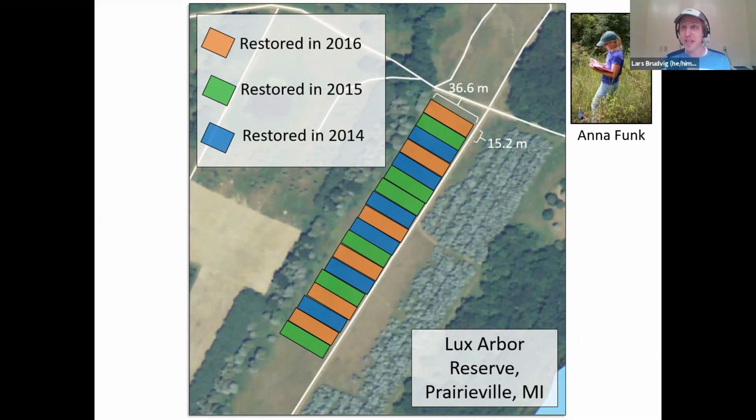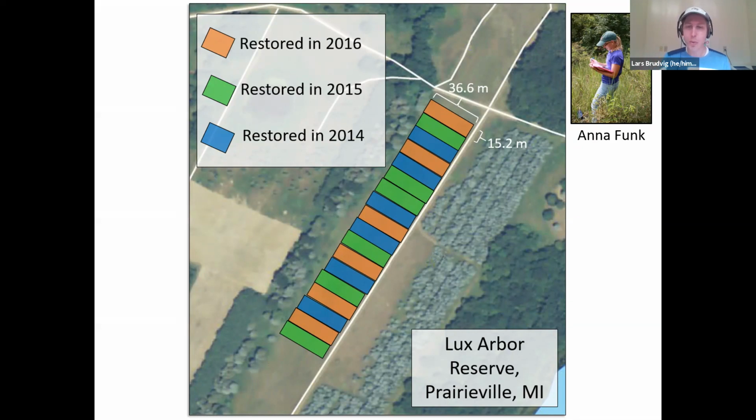And when I say controlled, I mean controlled, down to controlling the seeding rate for the same species, corrected for pure live seed estimates, all the way to planting these reconstructions within 2 calendar days of the same across 3 different years. The sites were prepped the same, they were seeded the same, and then they've gone through the same management sequence, which I'll talk a little bit more about later on. This controlled for the site effect and allowed Anna to hone in on the planting year effect.